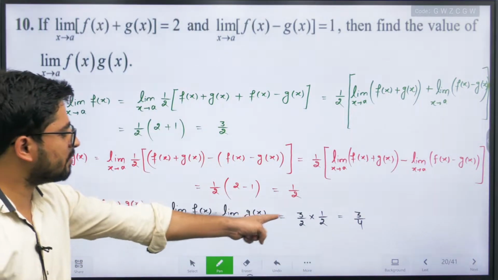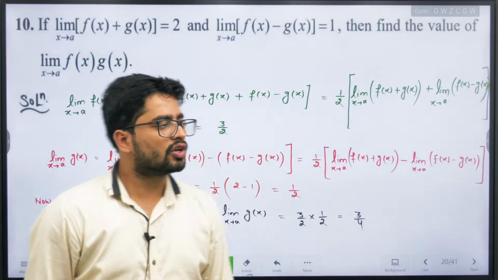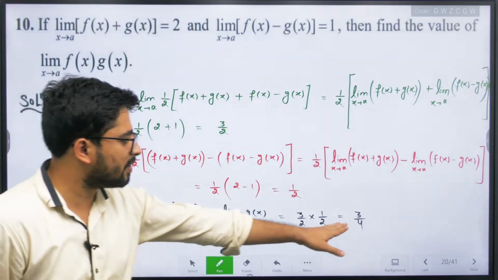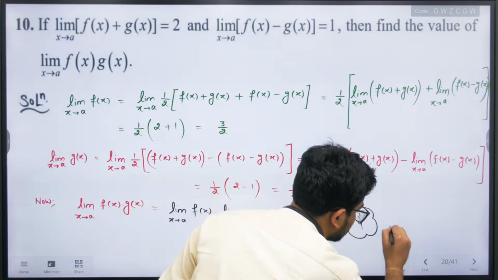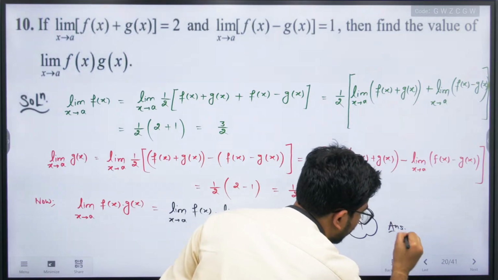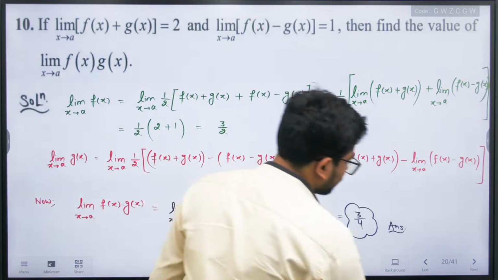Okay, so answer is 3 by 4. That's the limit of this function. Got it? So limit x tends to a, f(x) g(x) is 3 by 4. That's the correct answer. Clear? Now let's do the next one.